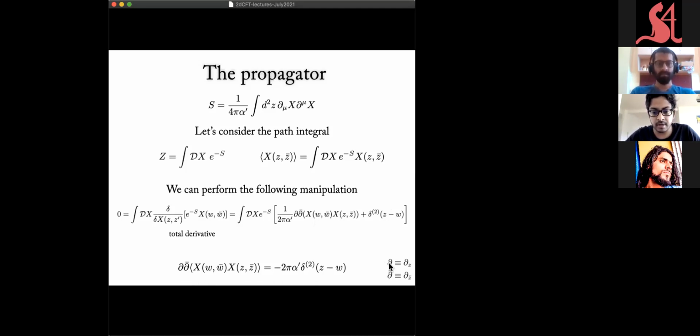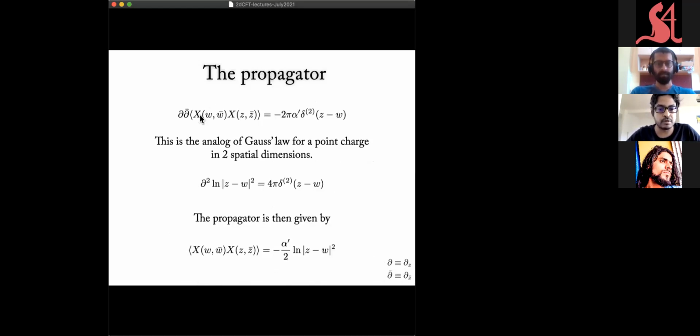Throughout the lecture, I shall be using the notation that delta is del z, and delta bar is del z bar. Okay, so this is the equation of the propagator. And notice that this is the analog of Gauss's law for a point charge in 2 spatial dimensions. The potential corresponding to that in 2 dimensions is given by the log.